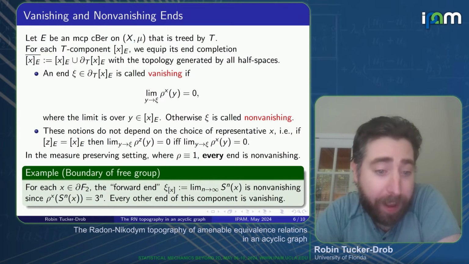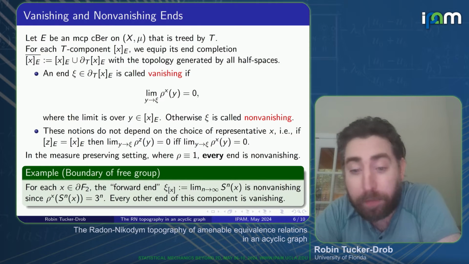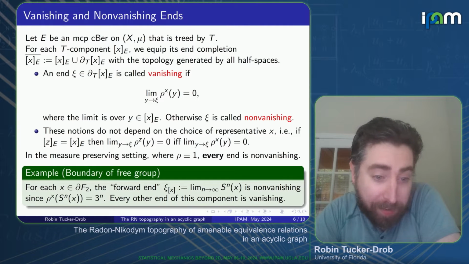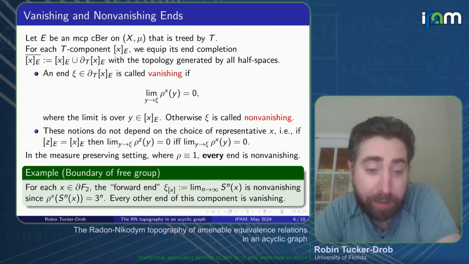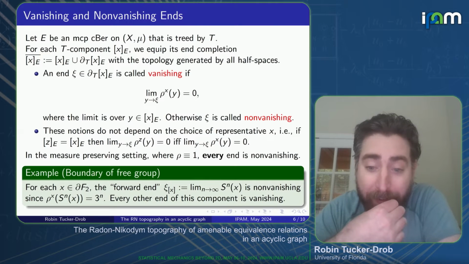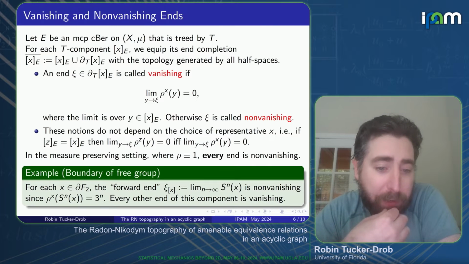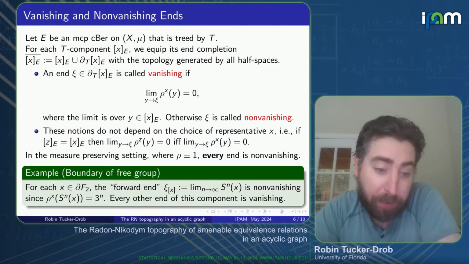Just because if I take any other end, basically the geodesic from that end to the ray from x to s of x, if I take deep enough edges along that geodesic, they determine the corresponding half space that contains this other end, and it is going to have very small cocycle from x's perspective. As we go deeper, that half space is going to be much further away.